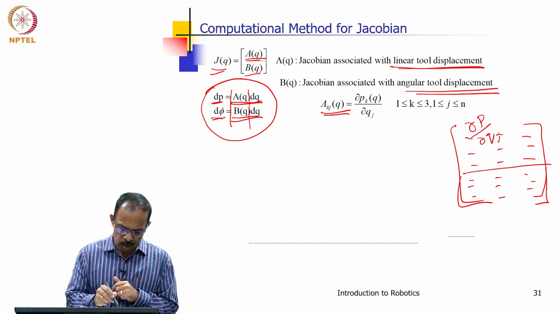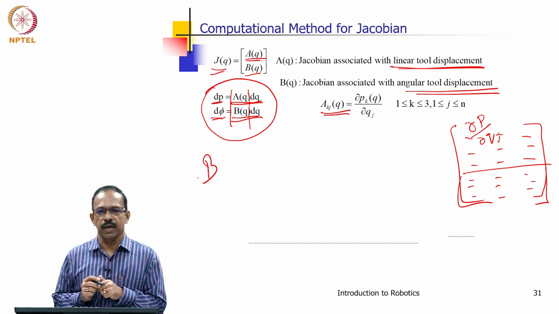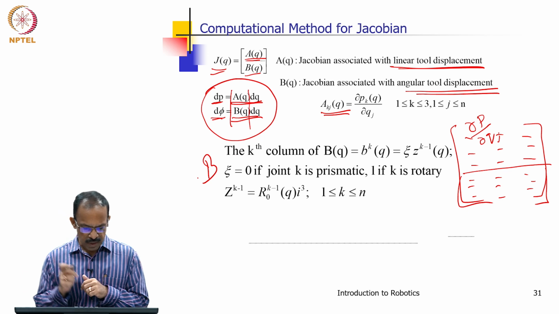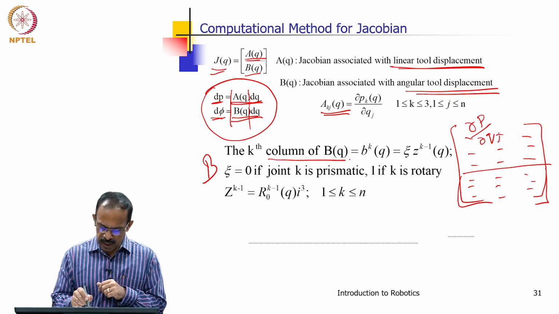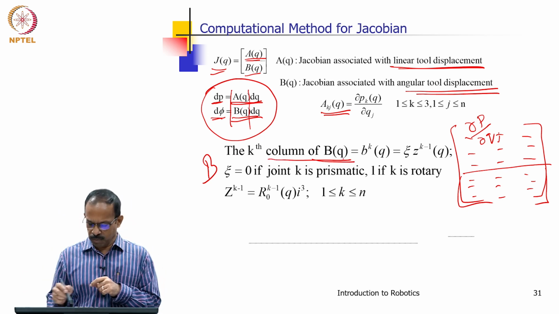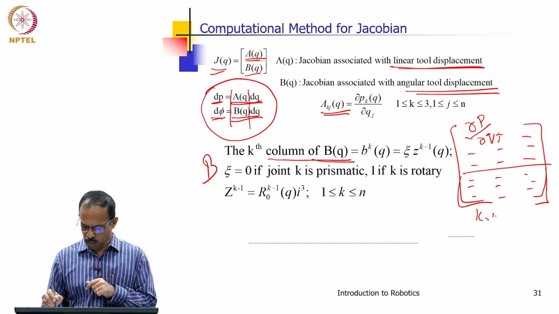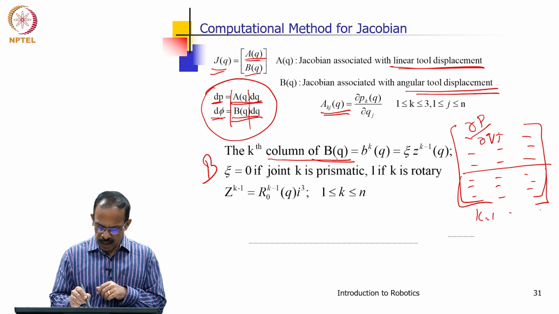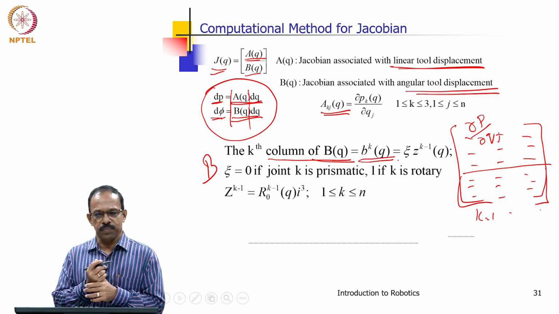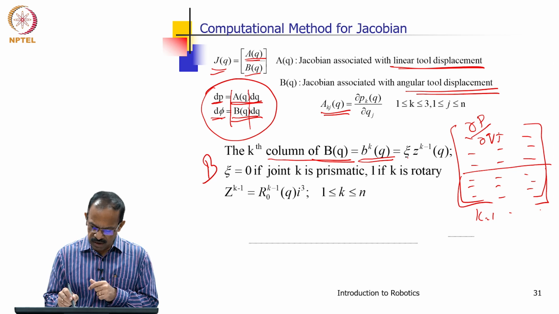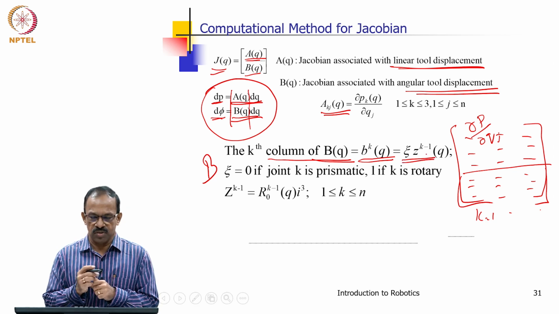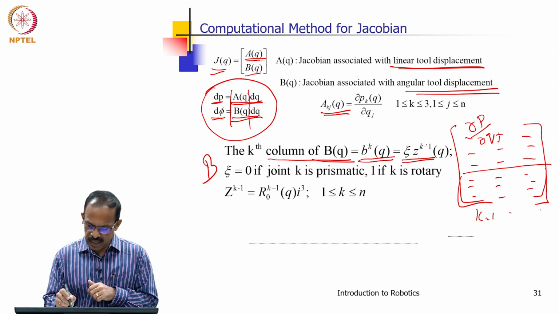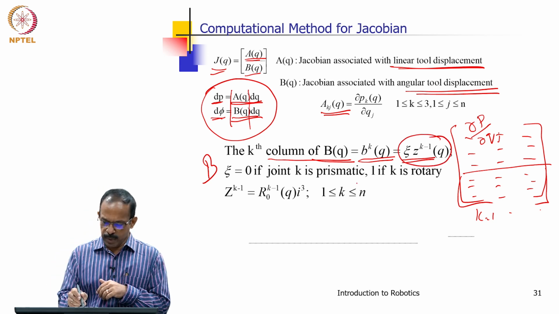Now, this B can be obtained as the kth column of B(q), where k is equal to 1, 2, 3 etc. The kth column b_k(q) is given as xi times z_{k-1}(q). Okay, that is the way this b_k is defined.